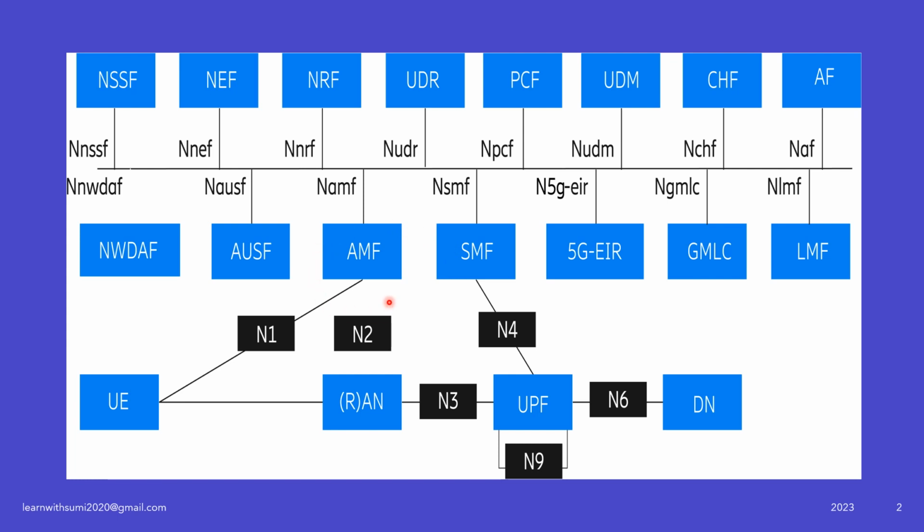Sometimes AMF can also act as SMF, and one network function can perform multiple functions. SMF can also sometimes act like an AMF, because it's just software. Microservices are just pieces of code, so you can add some more code and make it work as some other network function as well, right? So this is a different structure to previous generation networks, with control plane functional separation of the access and mobility management function and the session management function.